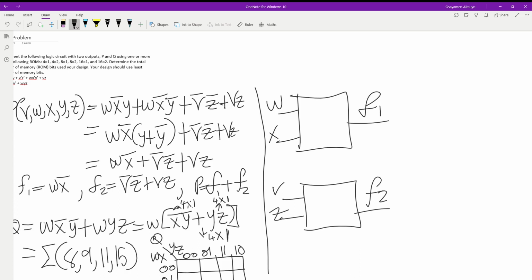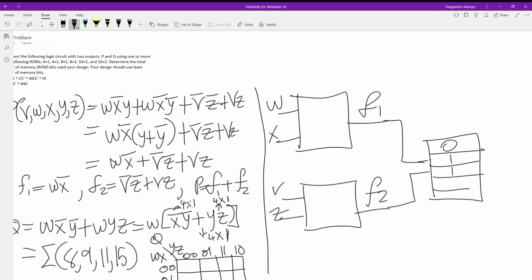I'm going to descriptively draw the ROM so that it's much easier to see how it's programmed. Basically, we're programming the ROM such that when the 2 inputs are 0, it sends out 0, and for any other set of inputs, it sends out 1.